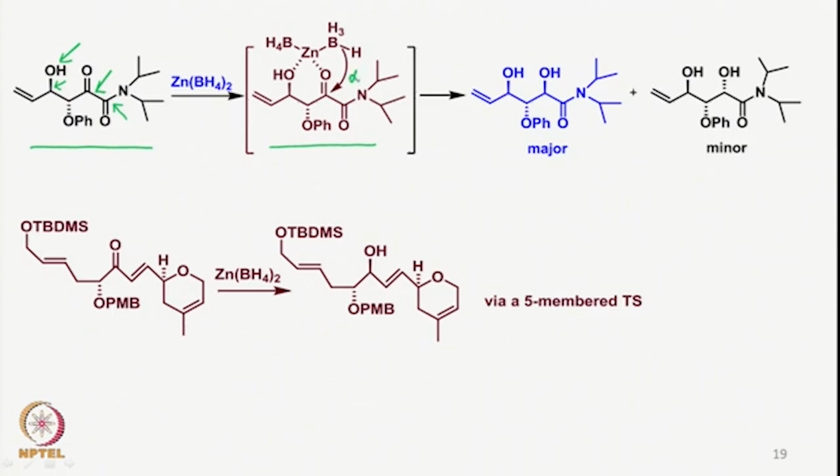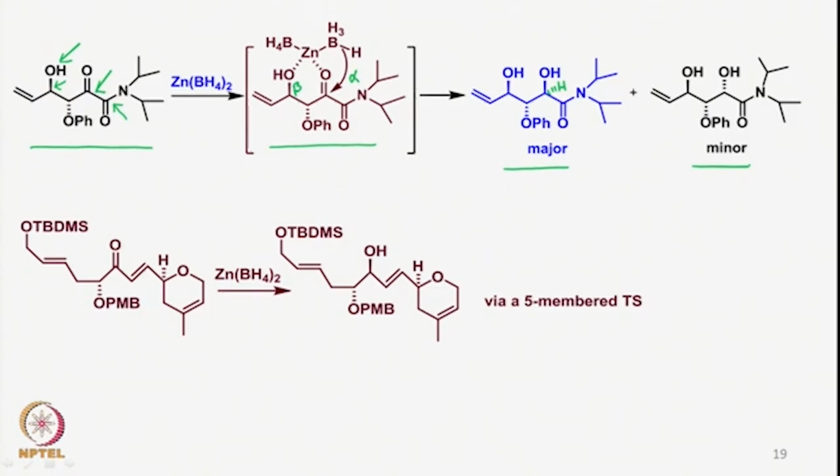So this is the alpha side and this is the beta side, and the chelation allows the availability of the alpha side for the reduction to occur, and therefore we get hydrogen coming from the alpha side, and this is the major product and this is the minor product.